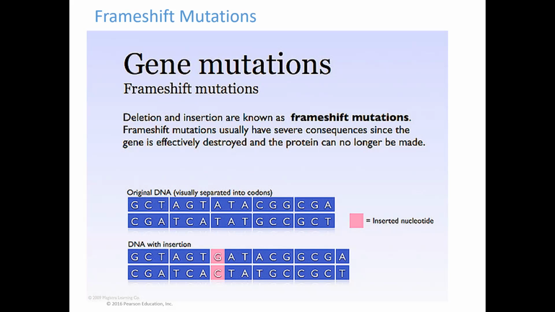Instead of adenine, thymine, adenine and thymine, adenine, thymine, we now have guanine, adenine, thymine and cytosine, thymine, adenine. So we've totally changed the triplet, and that changes the triplet for everything downstream. Everything has changed by inserting one extra set of nucleotides.